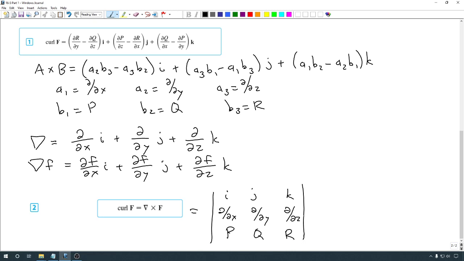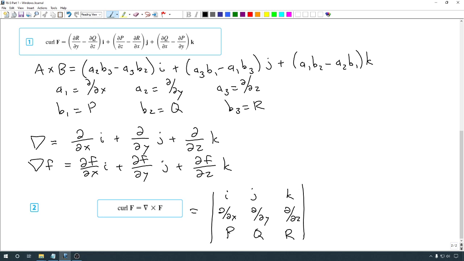So you can think of the curl as being the determinant of this 3x3 matrix, where the first row are the i, j, and k's, second row are our partial derivatives, and our third row is the actual vector that's being put into the curl. Now, we've actually gone from the cross product of abusing notation by mixing vectors and numbers in a matrix to abusing it even harder by mixing those vectors and functions with differential operators.